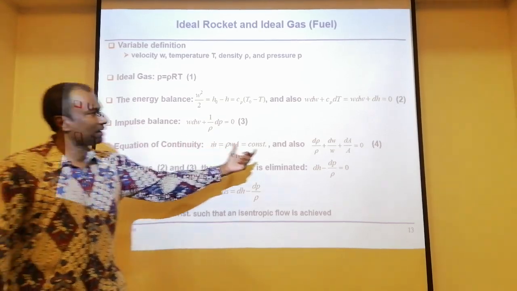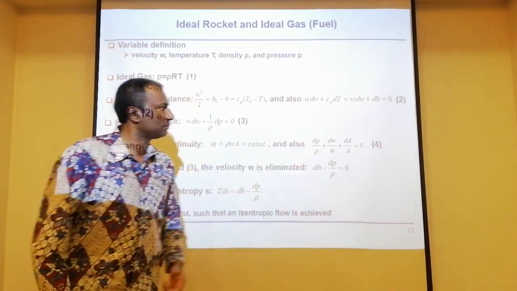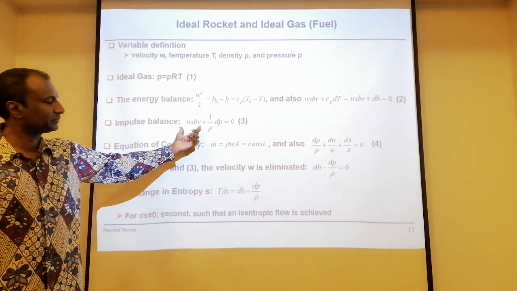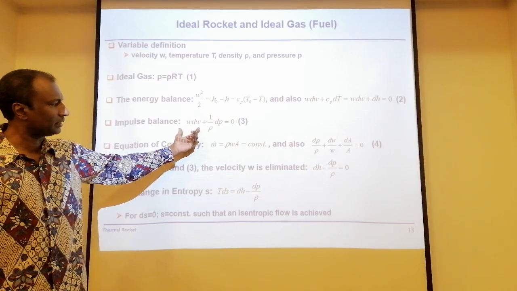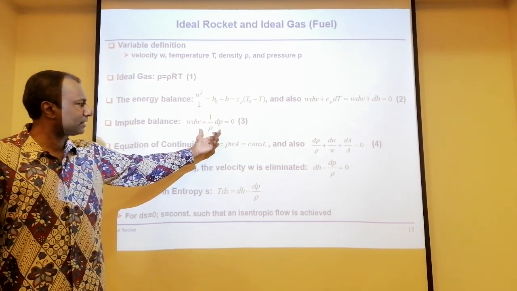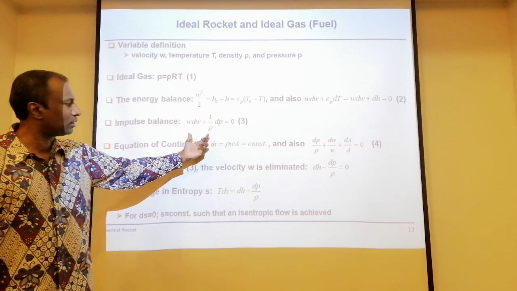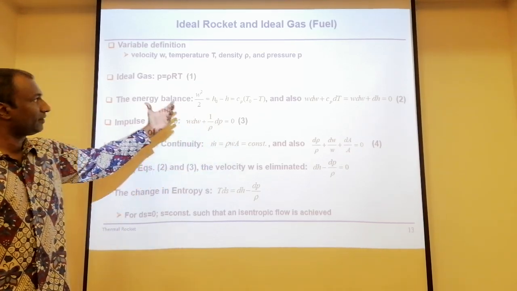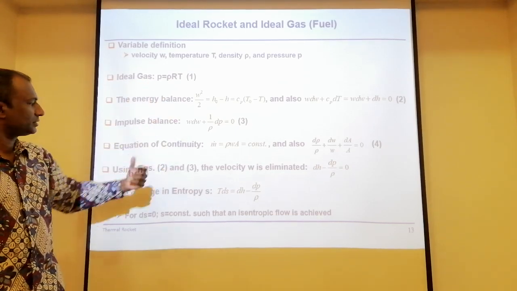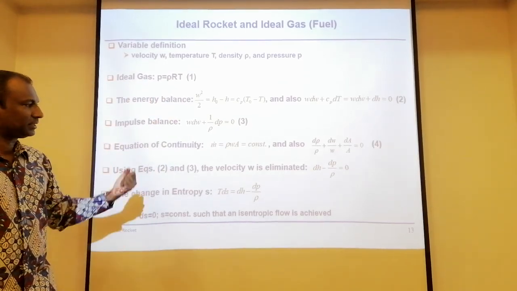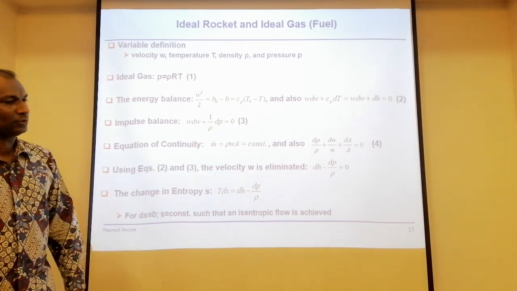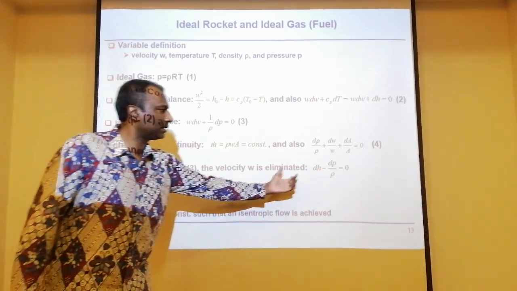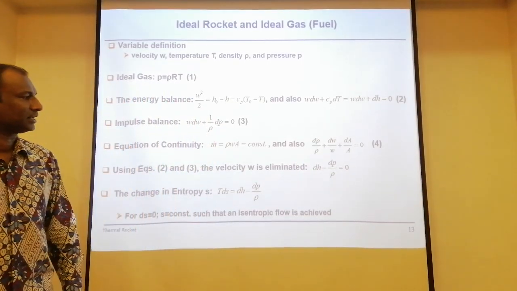Also we can write this, which is invoked from your thermodynamics equations. So the impulse balance would be W dW plus 1 over rho dP equals 0. So you already have equations 1, 2, 3 for us, and the equation of continuity, the typical equation that m dot equals rho v A, or WA is constant.